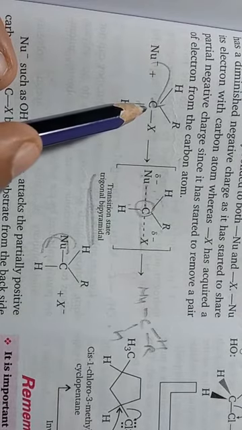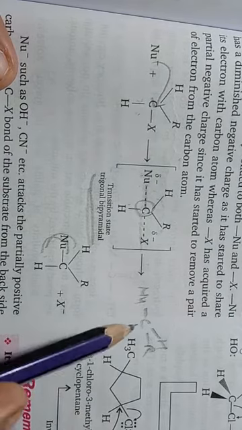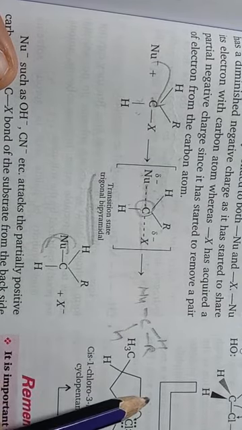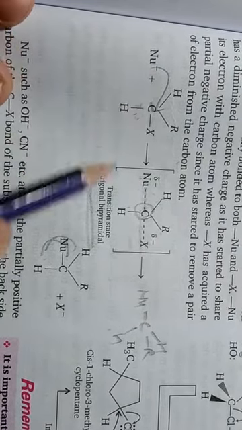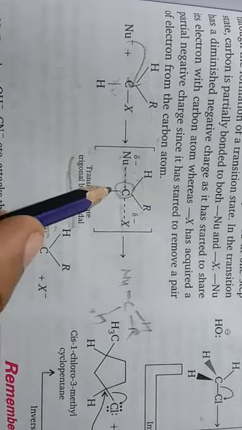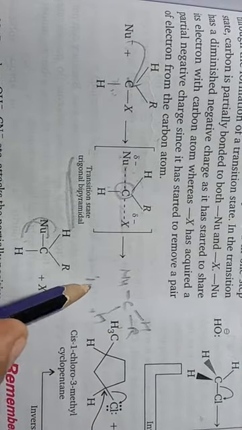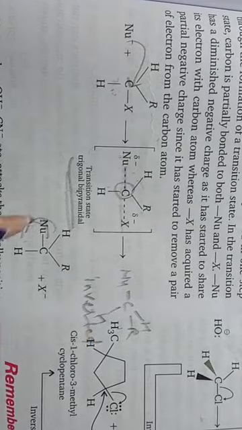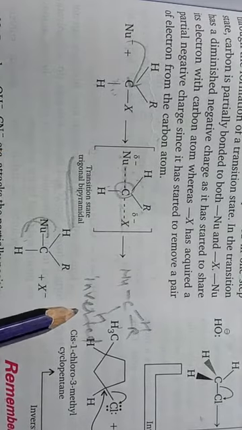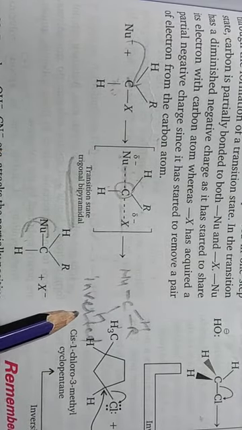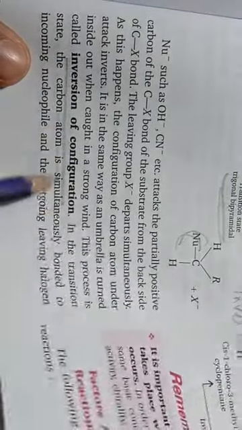So the configuration which is present here, you will get the product with opposite configuration, and such conversion of the substrate compound into the product is known as inversion, and the form which is formed here is known as the inverted form. So in the SN2 mechanism, an inverted form of the substrate compound will form under inversion. Okay students, so inversion of configuration is taking place in the SN2 mechanism.